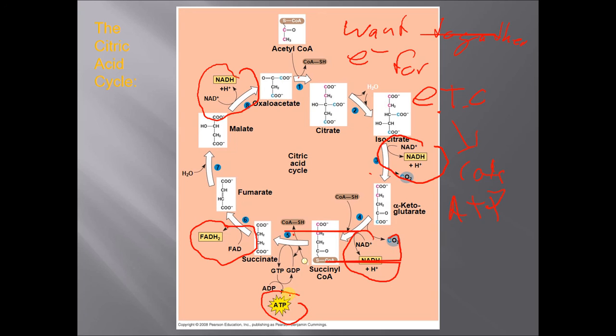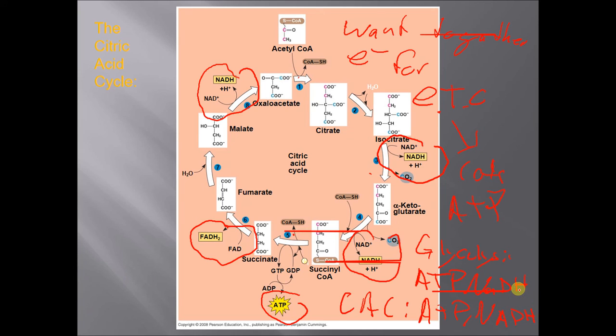In the process of doing that, for one glucose molecule, we get from glycolysis ATP and NADH, and from the citric acid cycle, we also get ATP and NADH.